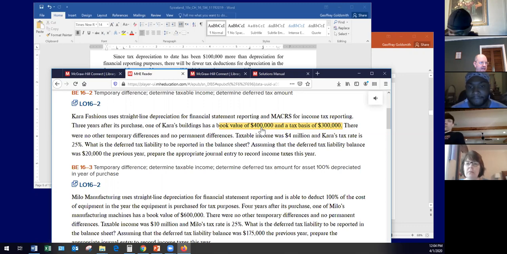And the tax basis means that that's the cost minus the tax deductions for depreciation that they've taken so far. So this is that there's $100,000 difference because they've taken $100,000 more in tax deductions than the straight line depreciation in their accounting records.